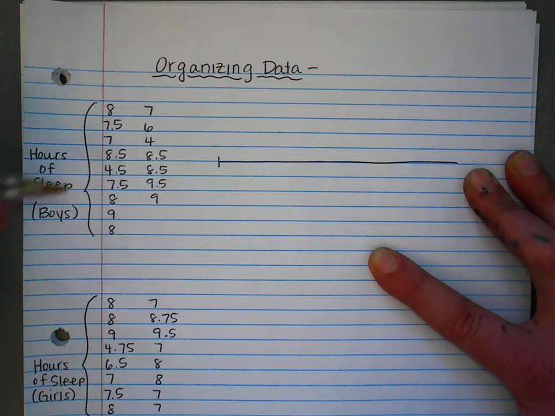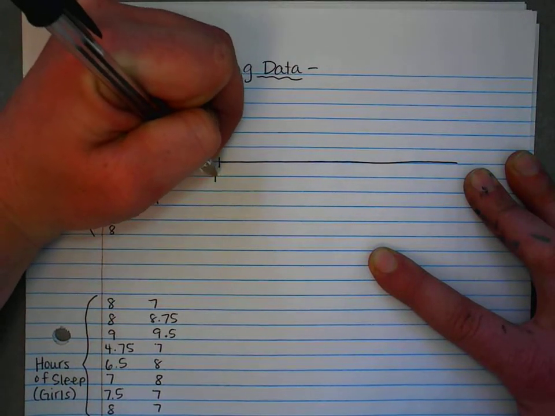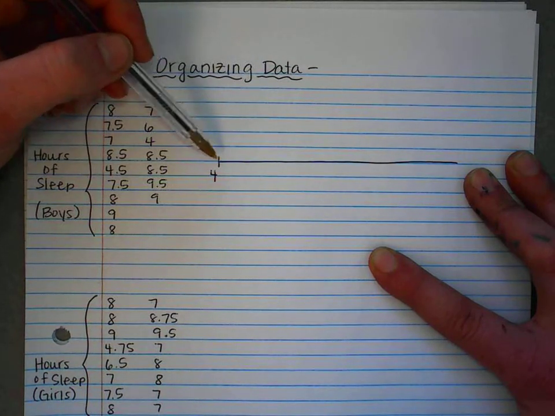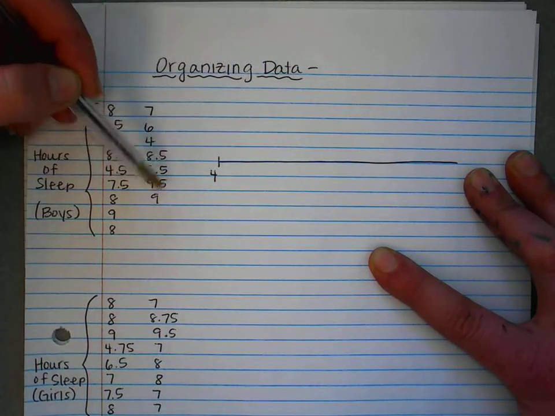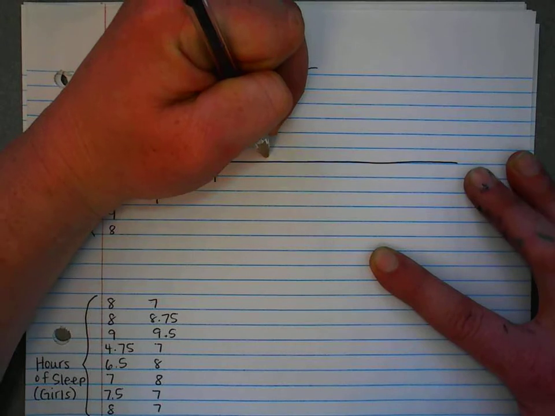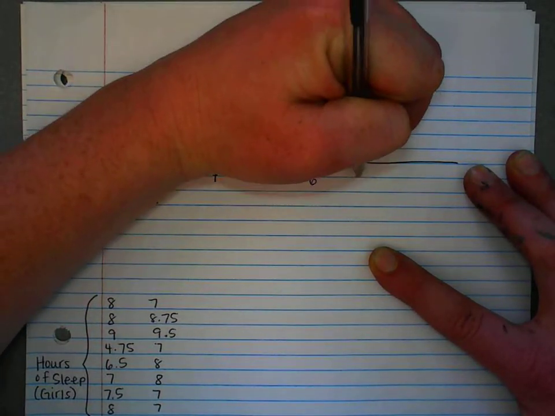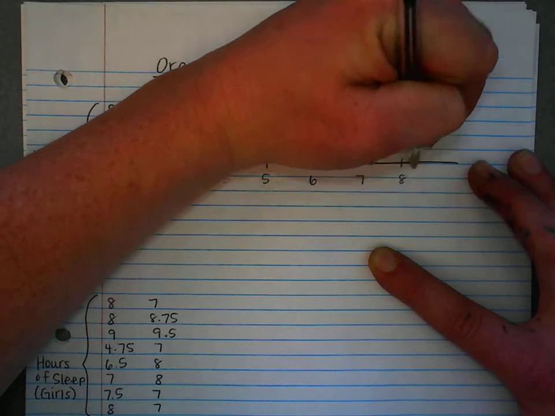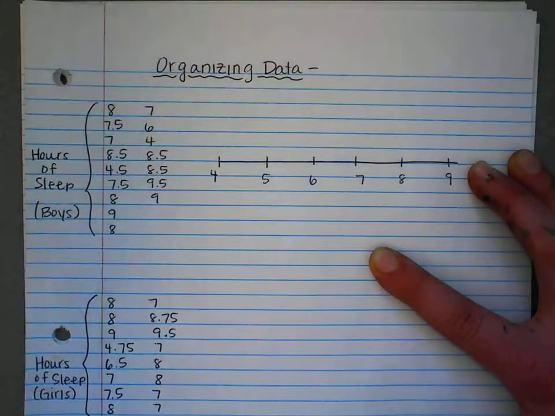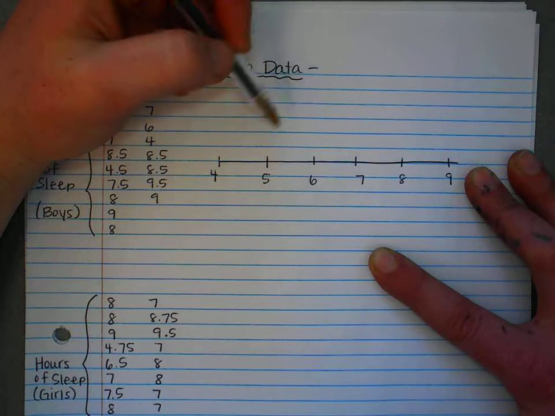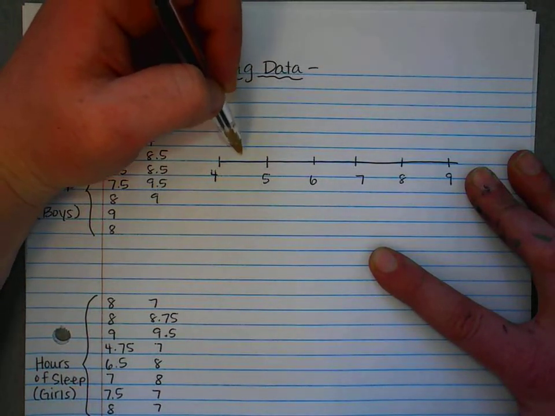So I'm going to start at 4, just because I like clean numbers. So 4 hours, and it looks like it goes up to 9. So I'm going to go 4, 5, 6, 7, 8, 9. That's high enough.